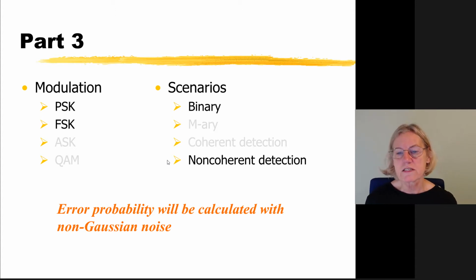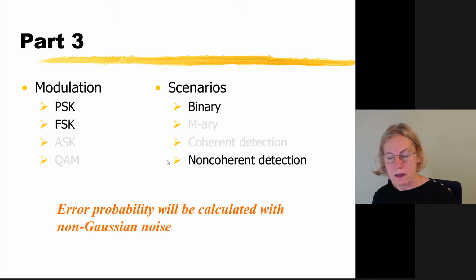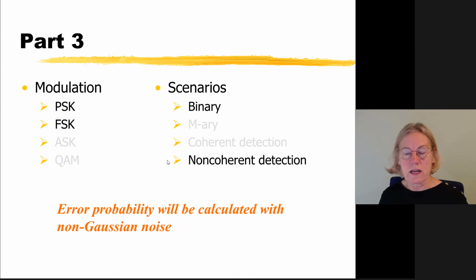Because of this, the noise is being manipulated. It's no longer linear, and because of this, the noise statistics change. So we'll go over them to give you a feeling for why we want non-coherent detection and what is the penalty in performance you might come with a non-coherent approach.